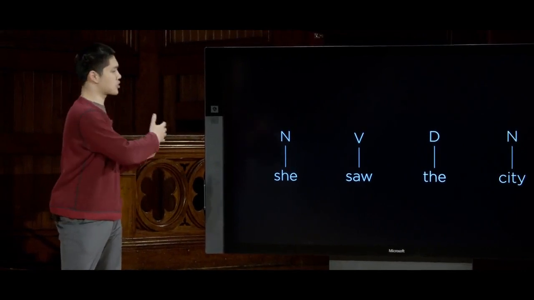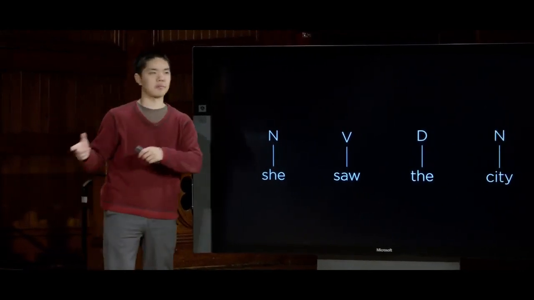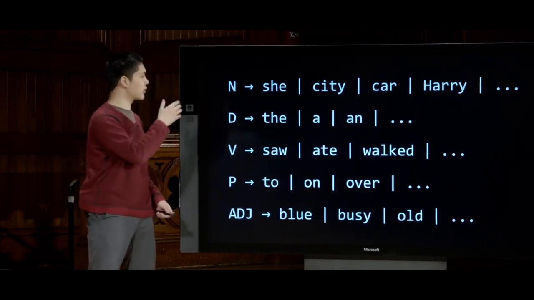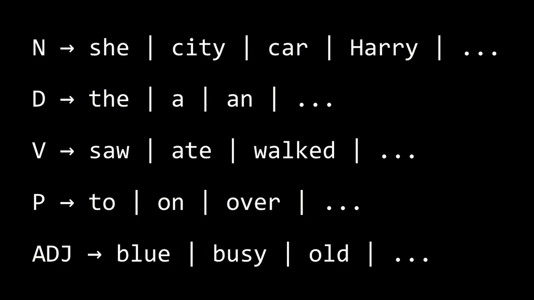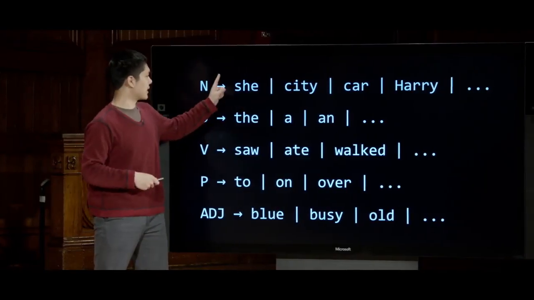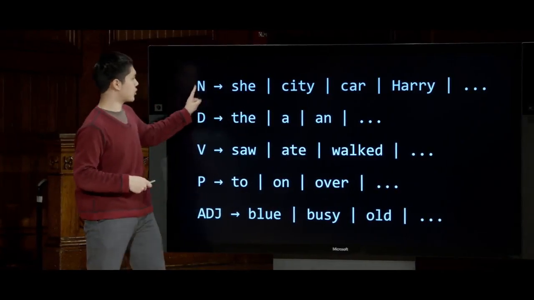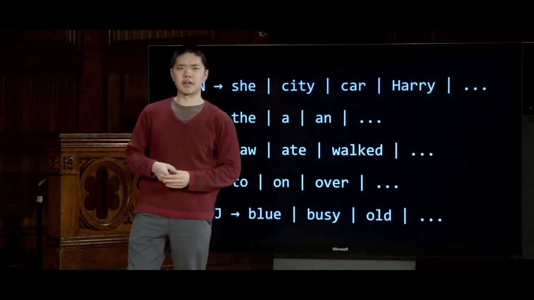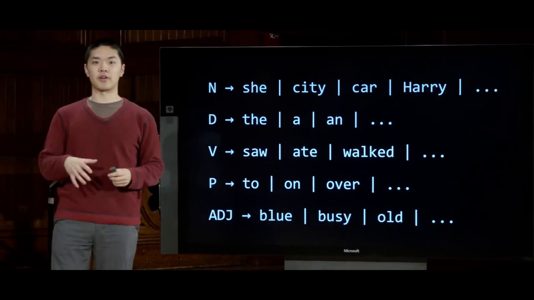And so in order to translate these non-terminal symbols into terminal symbols, we have what are known as rewriting rules. And these rules look something like this. We have N on the left side of an arrow. And the arrow says, if I have an N non-terminal symbol, then I can turn it into any of these various different possibilities that are separated with a vertical line. So a noun could translate into the word "she." A noun could translate into the word "city," or "car," or "Harry," or any number of other things. These are all examples of nouns, for example.